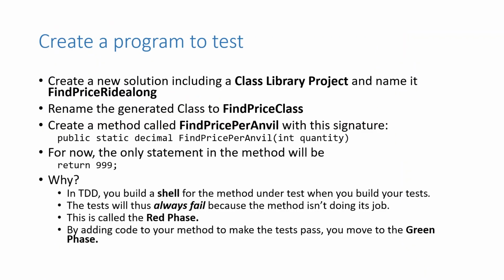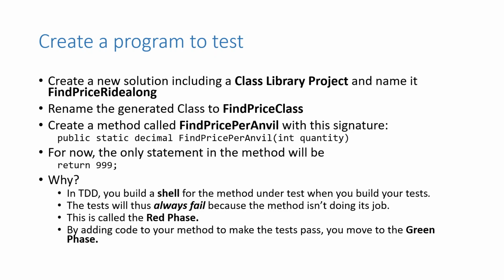Okay, so why are we doing this? Well, in test-driven development, you have to build a shell for the method under test whenever you're creating your tests. Then you create the tests, and they're always going to fail, because if you're expecting to get 80 back when you put in a quantity of 1, well, you're going to get 999 because that's the way we wrote the code so far.